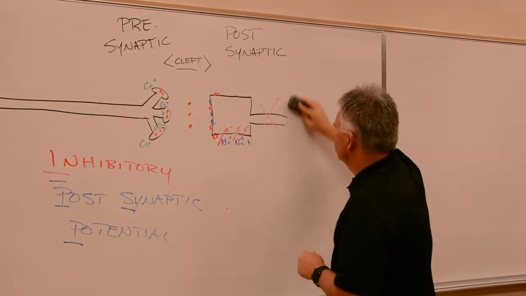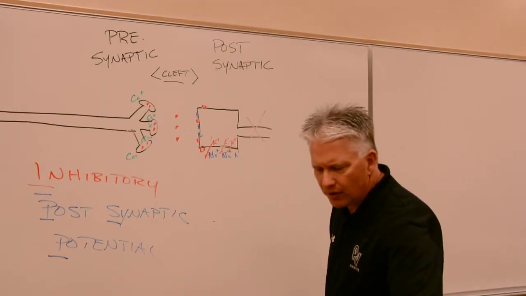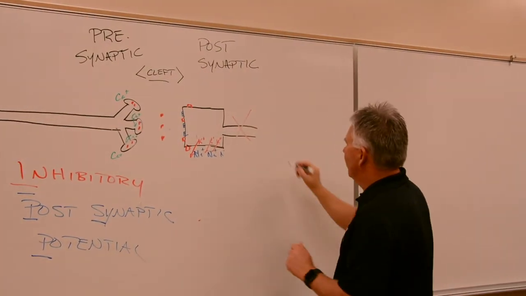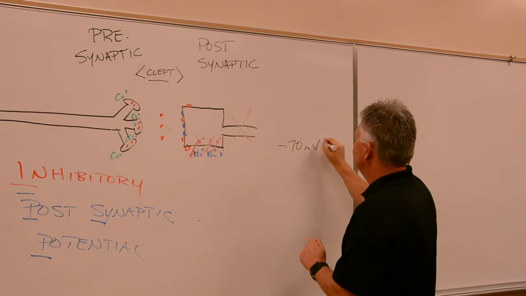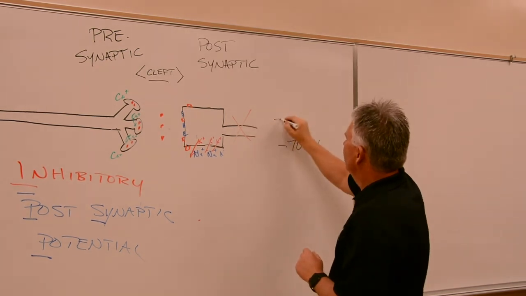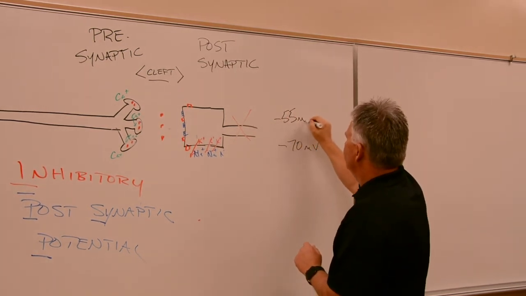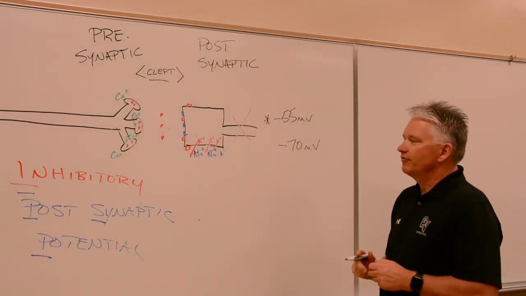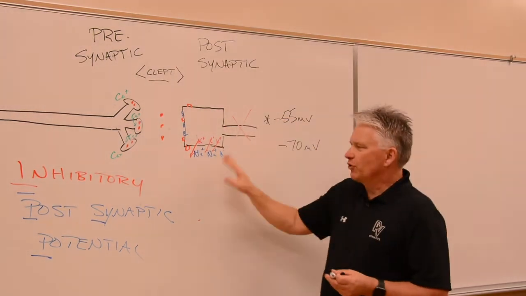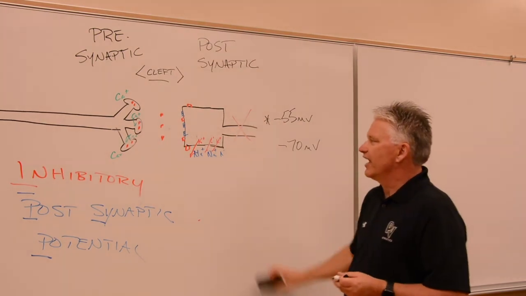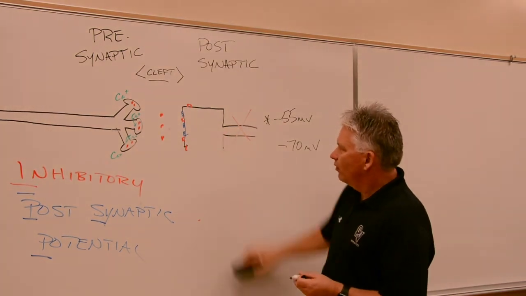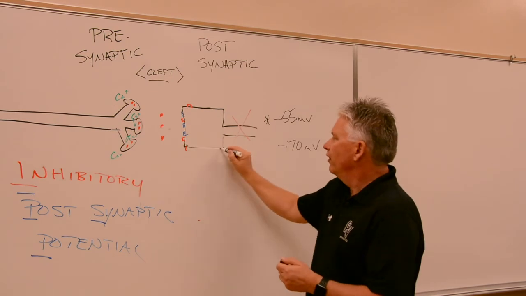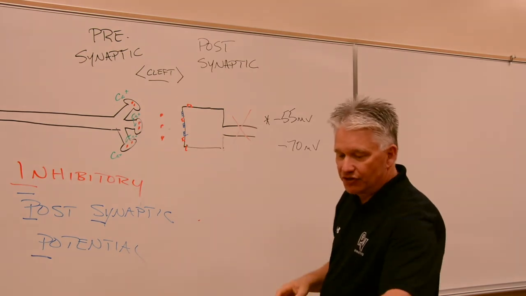put some new numbers up here. Numbers that we already talked about. We said a resting membrane potential of -70, a threshold of -55. Go back to our excitatory potential for a second. What if we allowed a little bit of sodium to come in?